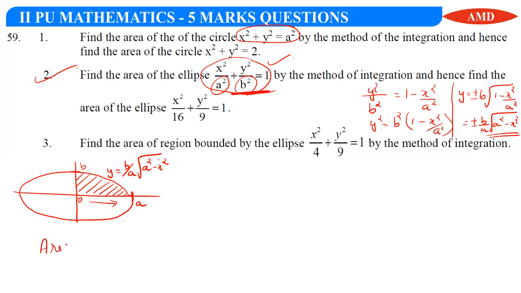So the area is equal to 4 times the integral of b by a root of a square minus x square with respect to x from 0 to a. By the way, I hope you all know, since there are 4 regions here, to include all of those 4, I have written 4.